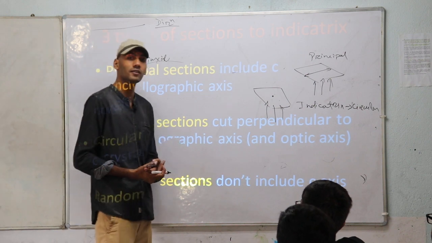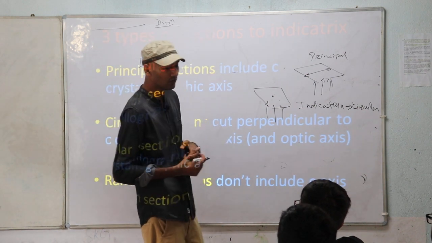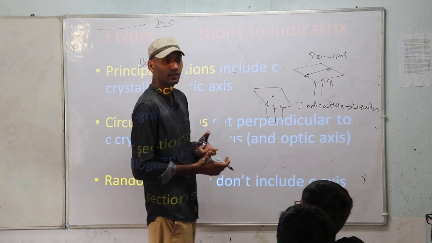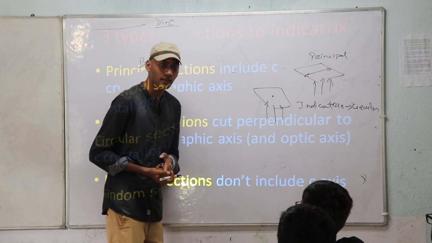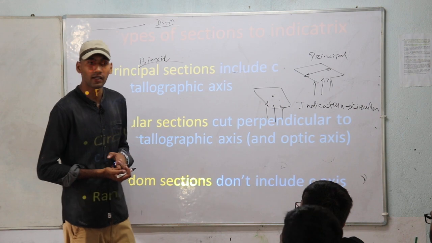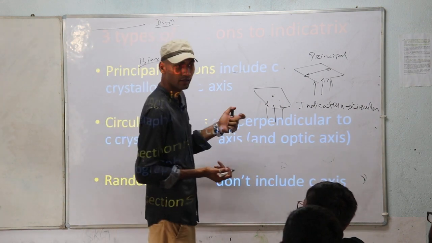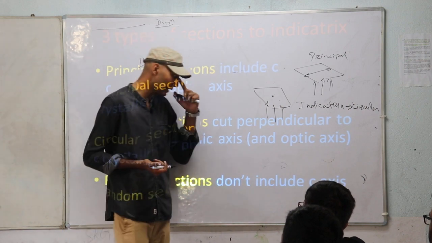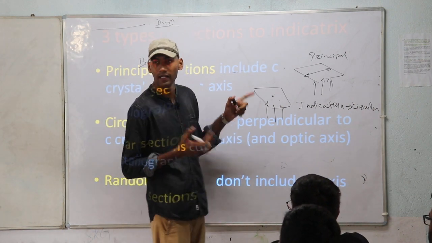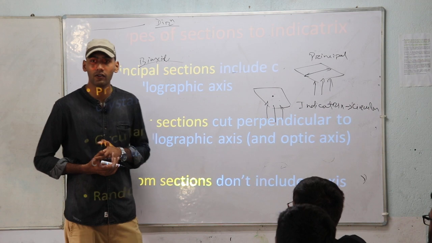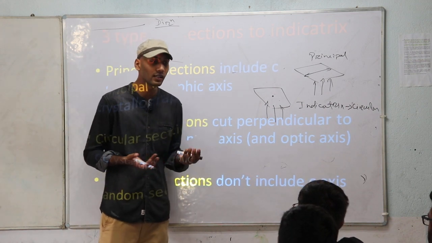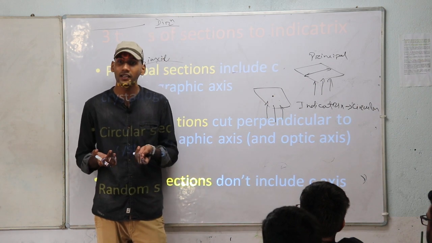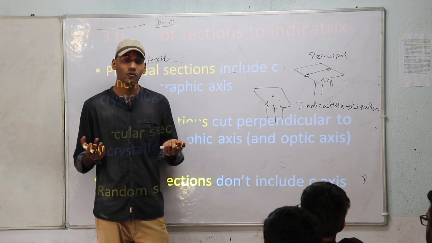Someone can ask you, what is the interference color you are watching in the basal section of quartz or basal section of zircon. Zircon is tetragonal. You might think, how can I remember which section of which mineral gives which kind of interference color, as there are so many minerals?